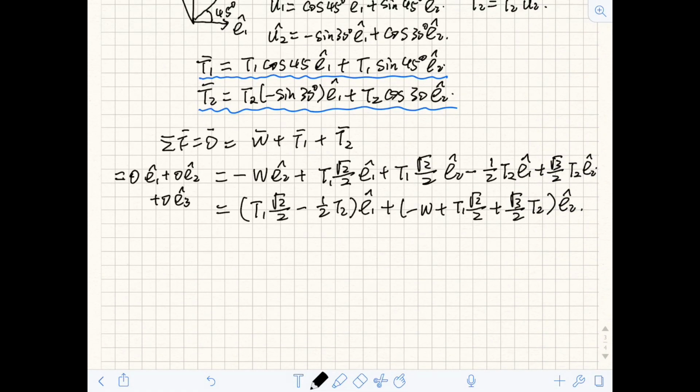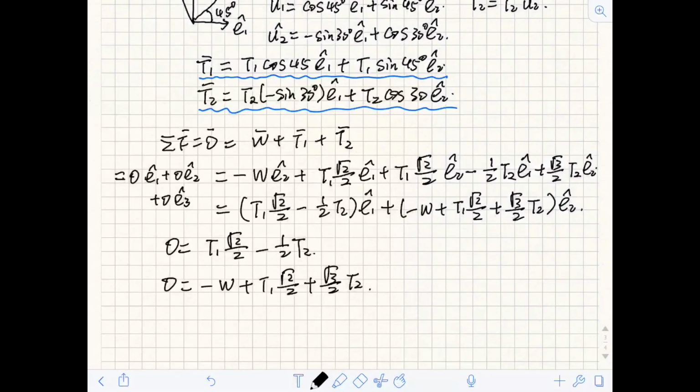By zeroing out all the components, we have 0 equal to T1 square root of 2 over 2 minus 1/2 T2. And we have 0 equal to negative W plus T1 square root of 2 over 2 plus square root of 3 over 2 T2.